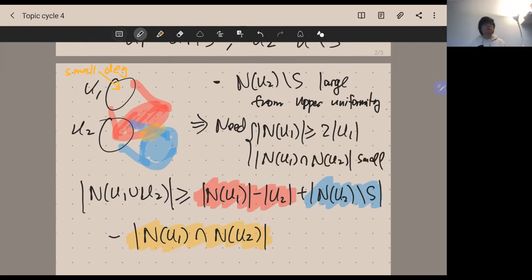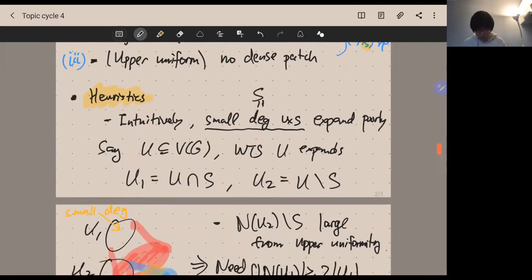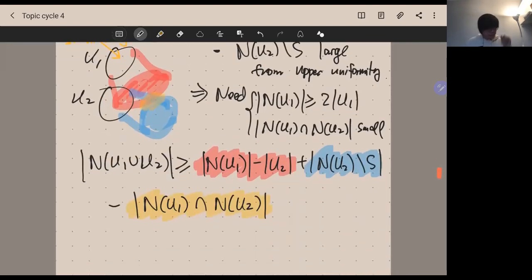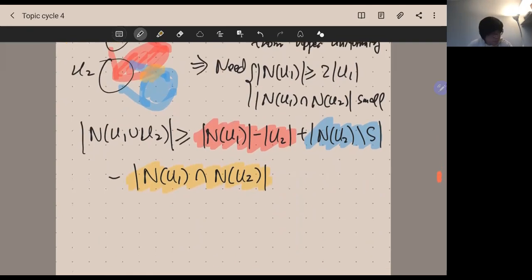This is the main thing we want to do. All right, so let's see how we're going to do that.